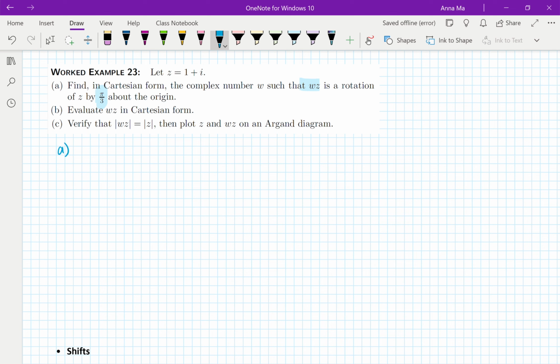So that means I want my angle for w to be pi on 3. So the complex number w would be cis pi on 3. Now the modulus of w, it doesn't say it's been enlarged, so it must stay as 1. So I'm just going to write cis pi on 3.